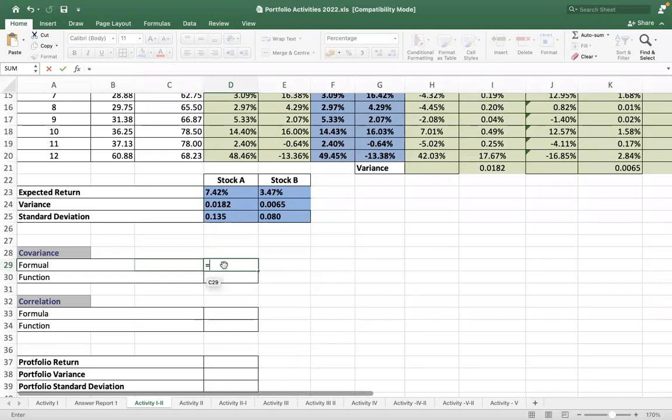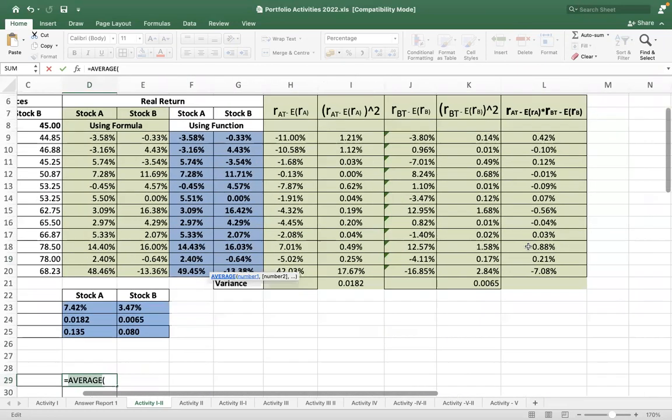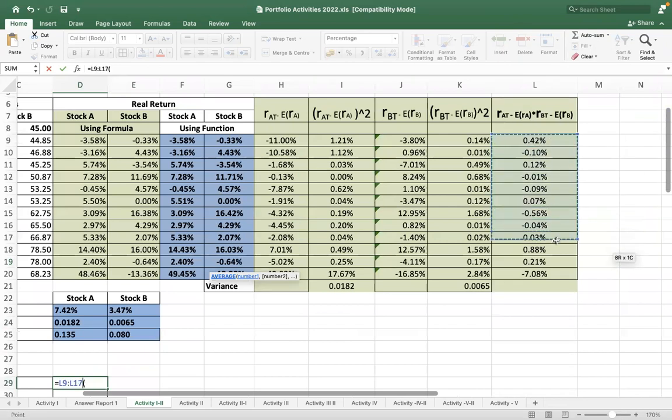Covariance can be calculated as the average of these.